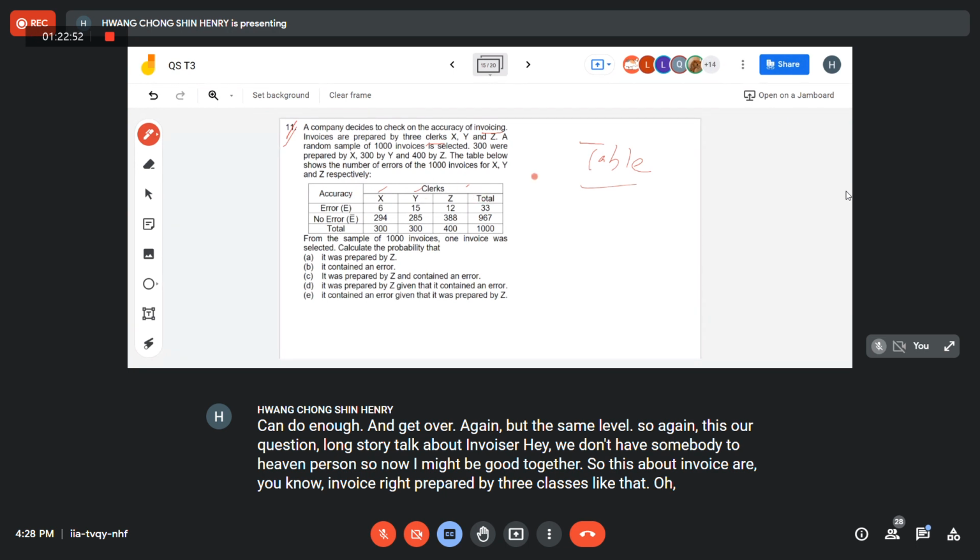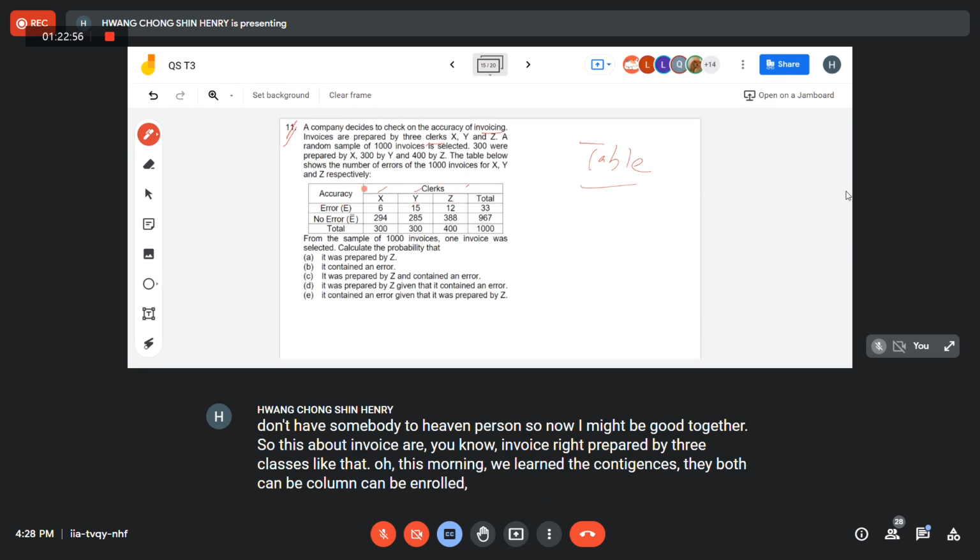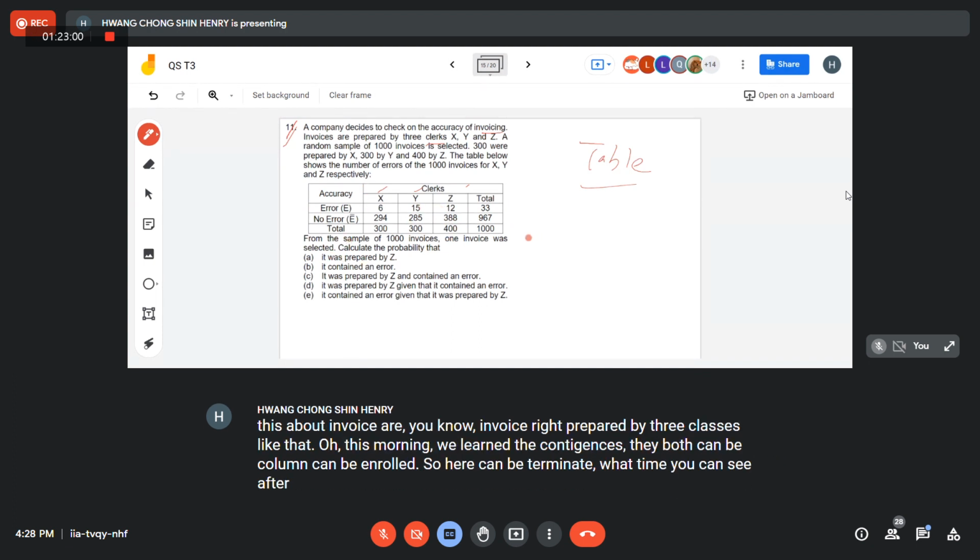Now, this morning we learned the contingency table. It can be in column, it can be in row. So here can be joint frequency, joint observation.